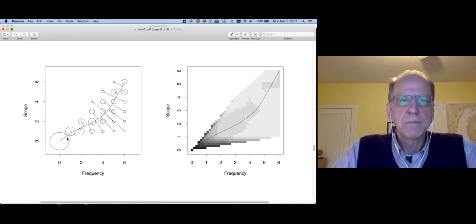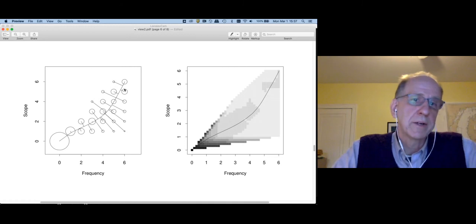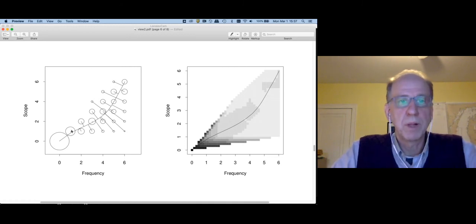Now, what that means is these first 2 points are predetermined. I have to go through this point and this point, but I don't have to go through the middles of the other points on the diagonal. So this really implies that I need some sort of a curve in order to do this well.